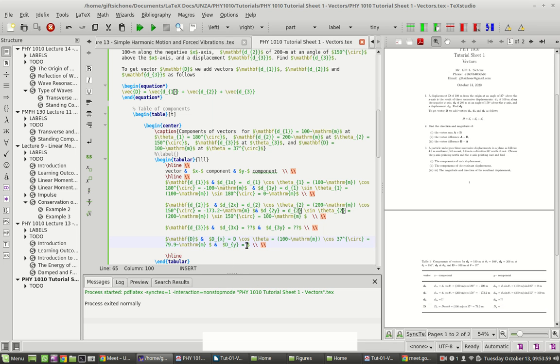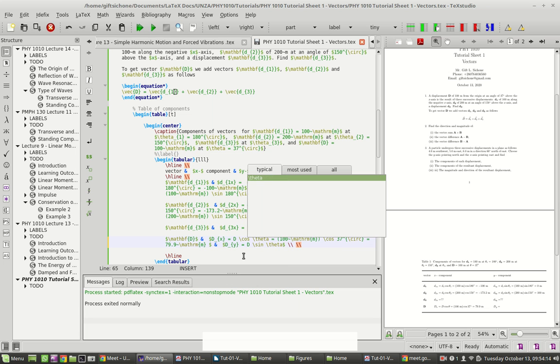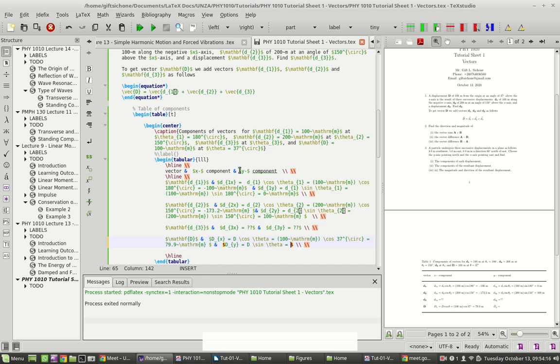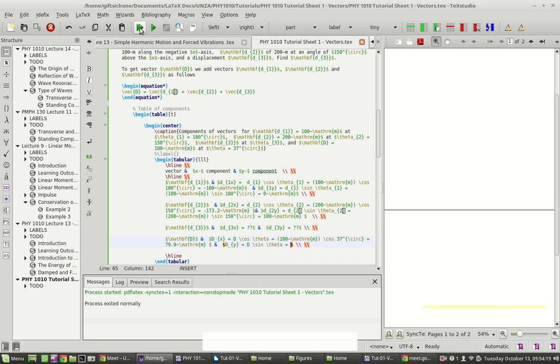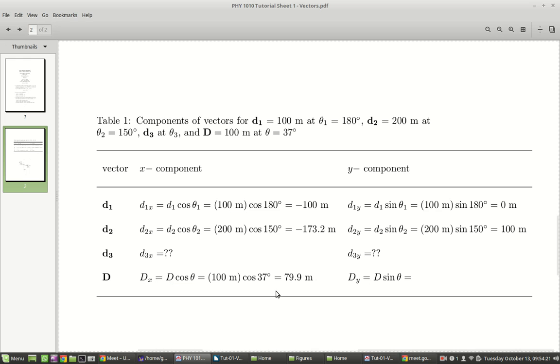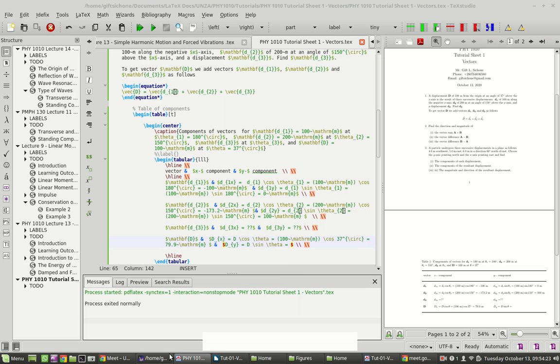Then how do you find dy? We get the magnitude of D multiplied by the sine of the angle it makes with the positive x-axis, like that, D sin theta. Then how much is D? 100 meters.